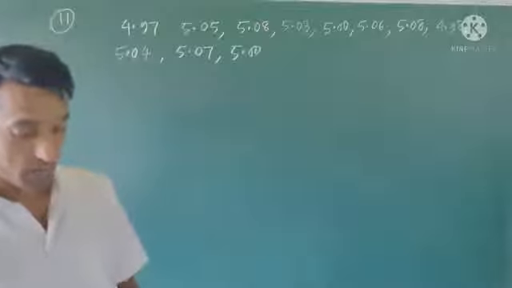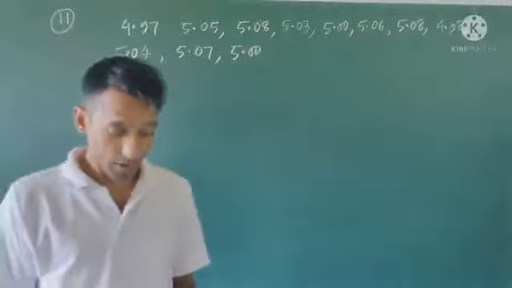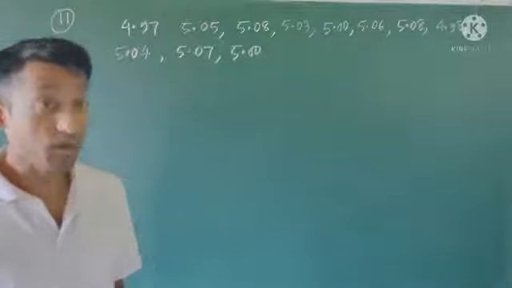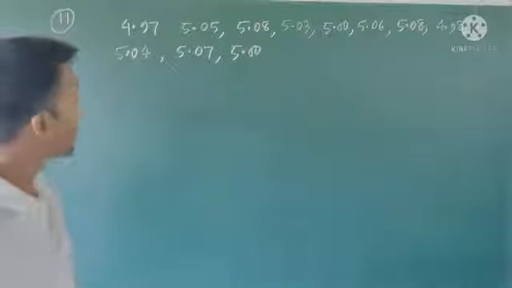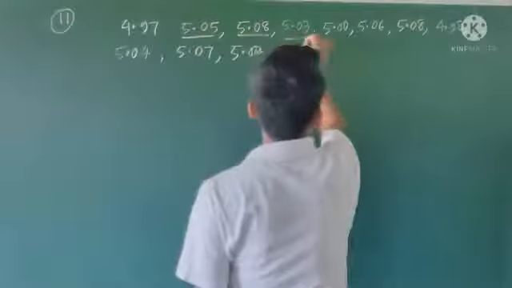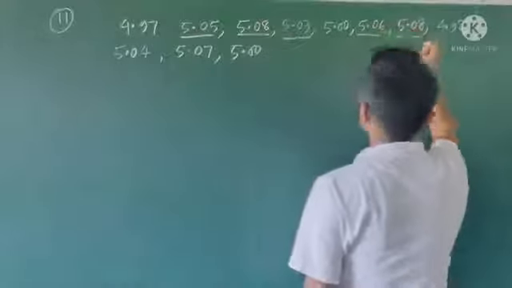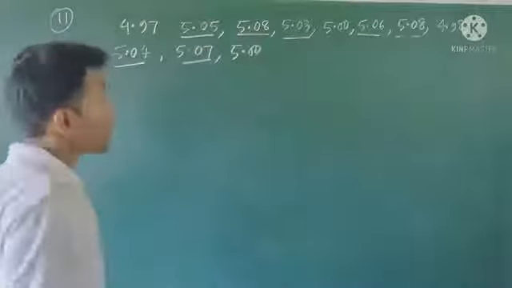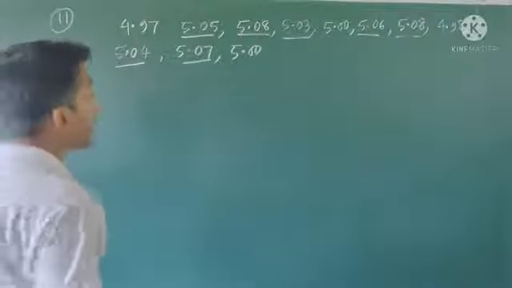Find the probability that any of these bags chosen at random contains more than 5 kg of flour. So more than 5 kg: 1, 2, 3, 4, 5, 6, 7. So we have 7, isn't it?